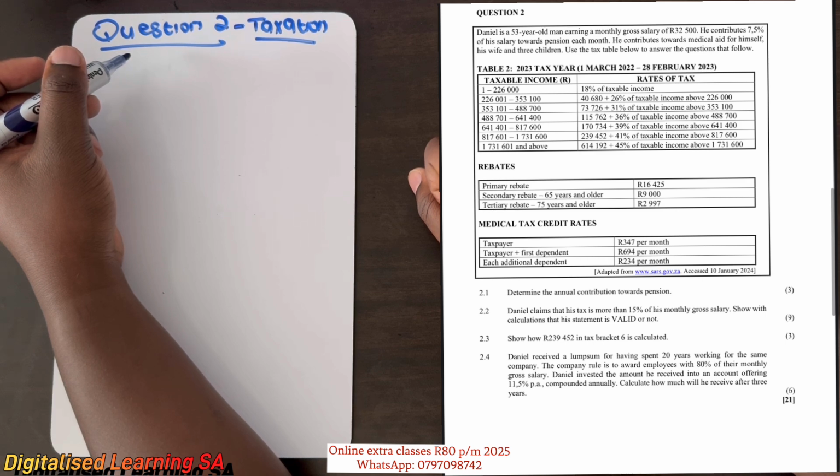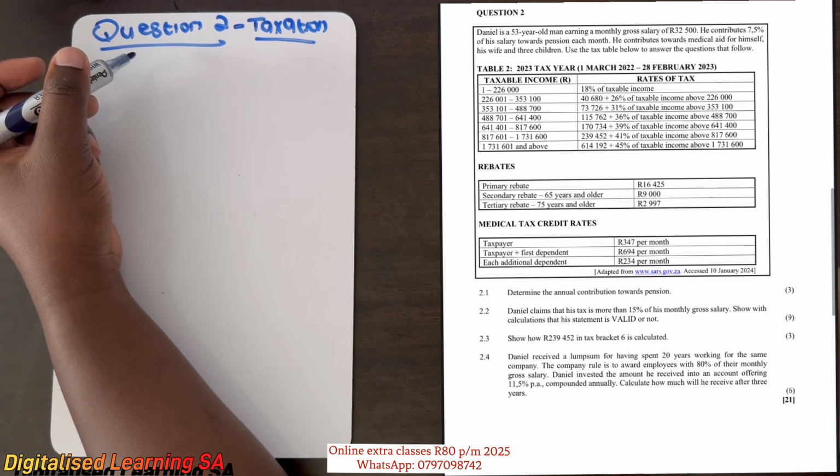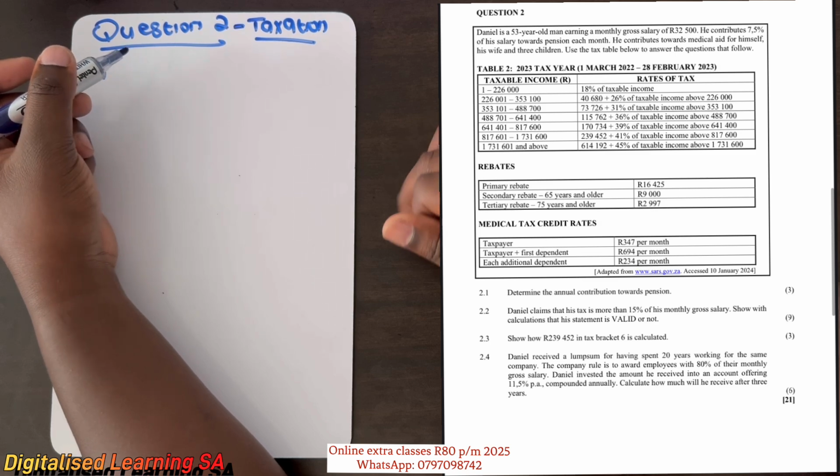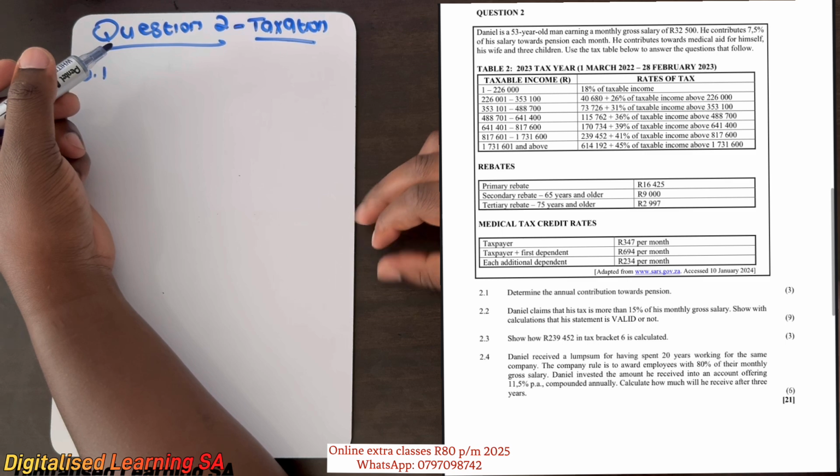We have the first table, table 2, which represents the 2023 tax year. It has different tax brackets, and we also have the rebates table and the medical credit rates table as well. So let's go ahead and work on question 2.1.